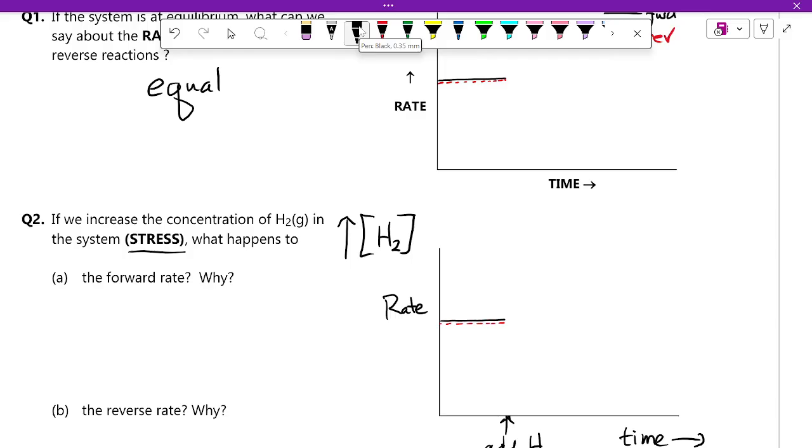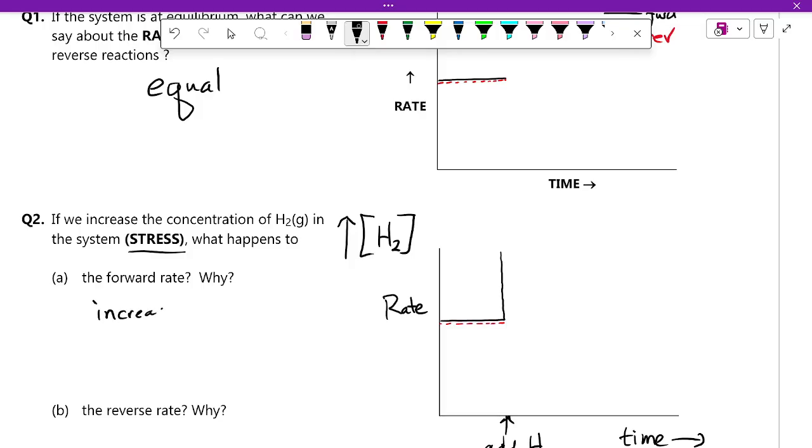Okay, what happens to the forward rate? Spike. It goes up. Vertical spike. Yes. Why does it go up?